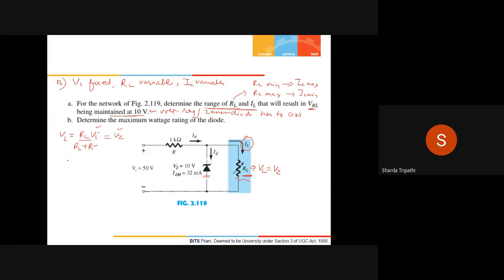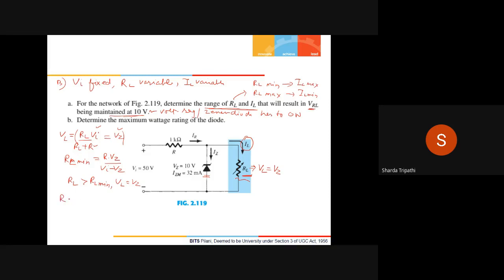So if you rearrange this a bit, you will get the value of RL min, and the RL min expression will look like R into VZ divided by VI minus VZ. I'm simply rearranging this expression. So for all the values of load resistance RL which are greater than RL min, we are going to have a regulated voltage at the output, that is VL will be equal to VZ.